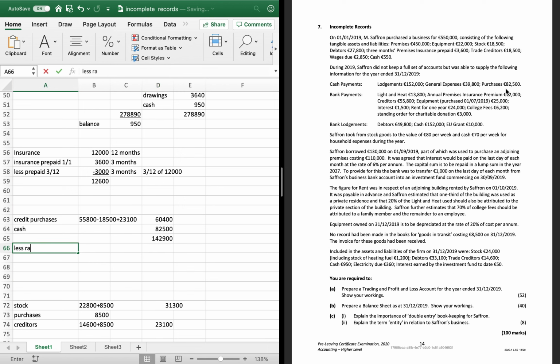And then there's always drawings of stock. So the stock drawings are 80 a week by the 52, which is 4,160. So we'll just take them away.